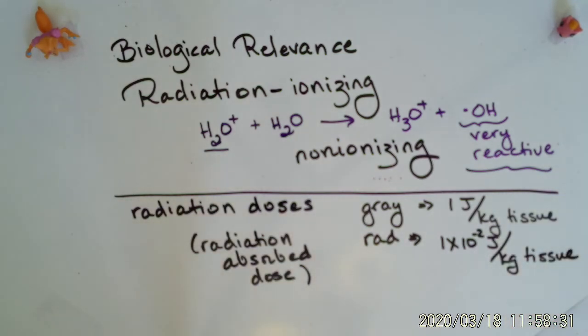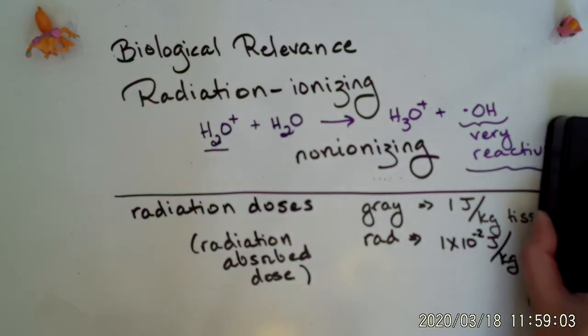So that doesn't seem so bad. What we need to keep in mind is that depending on the type of radiation, 1 gray may be more serious to your system with one type of radiation versus 1 gray of another type. So we also need to take into account the relative biological effectiveness.